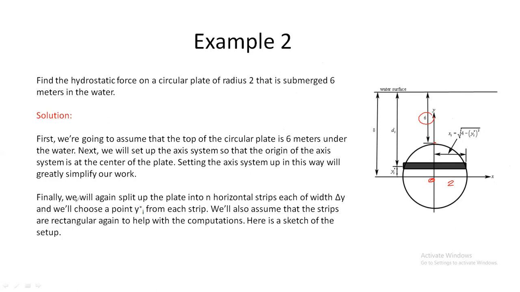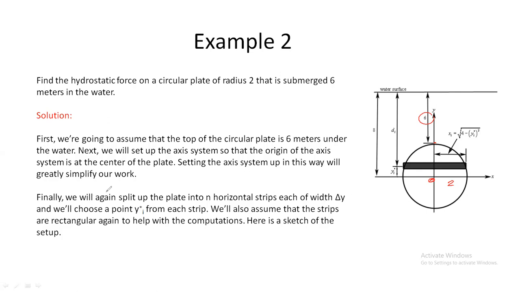Finally, we will again split up the plate into n horizontal strips, just like what we did with the triangular plate. You're going to cut your circular plate into very thin rectangular strips, thin enough that you can assume that the sides of this differential area or strips will also be vertical, not curved or not slanted.